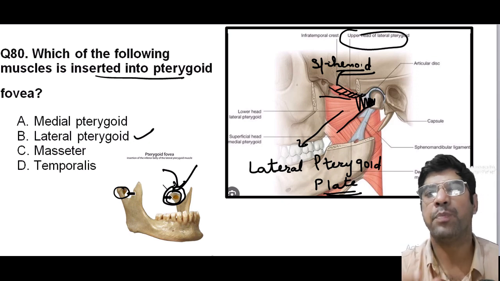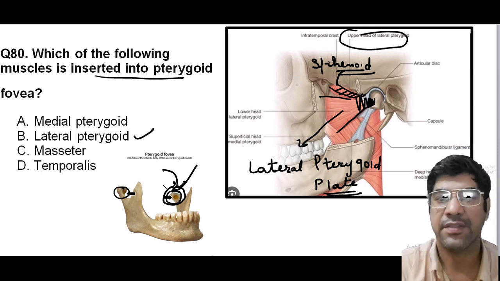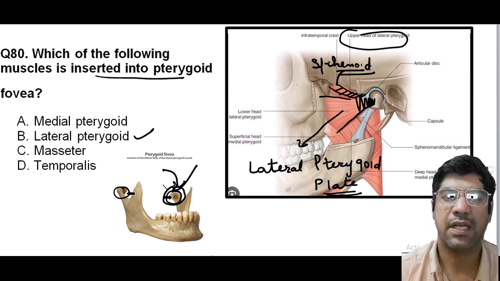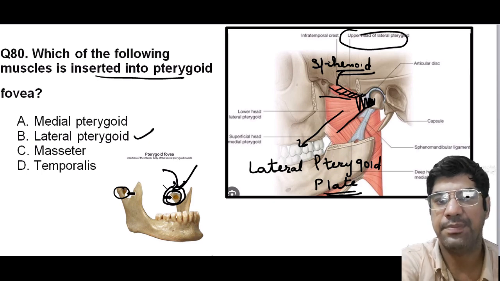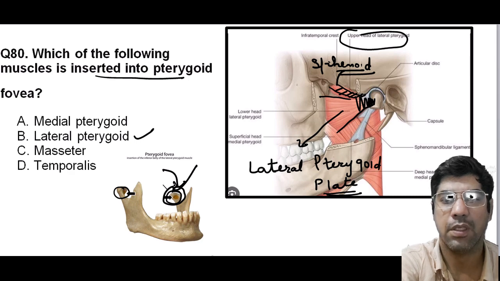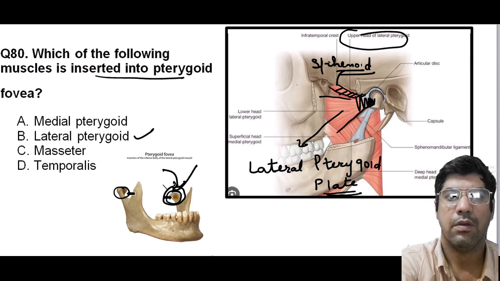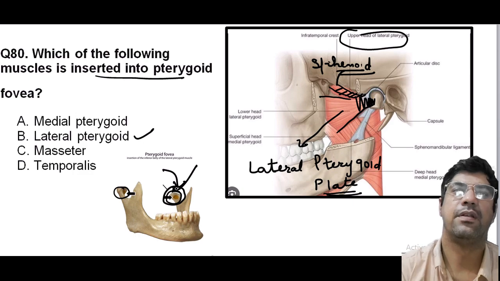Just like a superhero receiving orders, the lateral pterygoid muscle gets its instruction from a special branch of the mandibular nerve. So when it contracts, it helps you to open and close your mouth, allowing you to enjoy meals, speak, and express yourself.